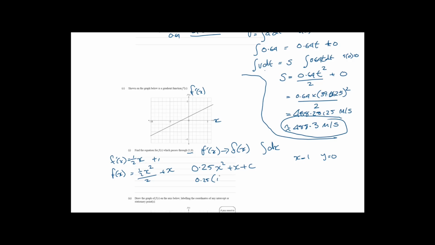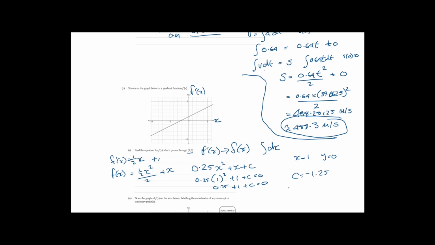And we know that that's going to be 0.25 times 1 squared plus 1 plus C equals 0. Have I done that right, actually? I'm going to just pause because I think I made a mistake. Nope, I checked it and we're all good. So C is minus 1.25.